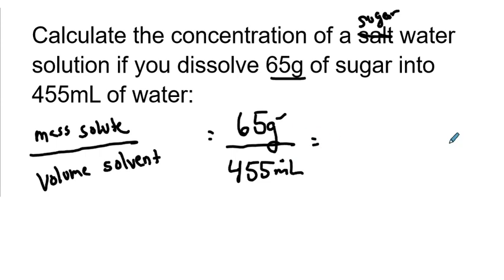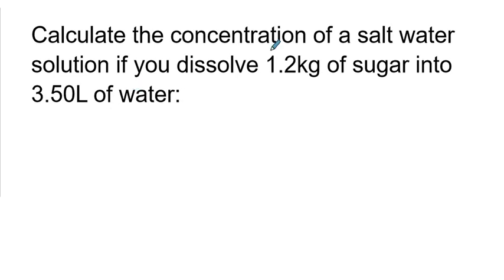So all I have to do now is divide, and that will give me my units in grams per milliliter. So 65 divided by 455 gives me a concentration of 0.14 grams per milliliter.